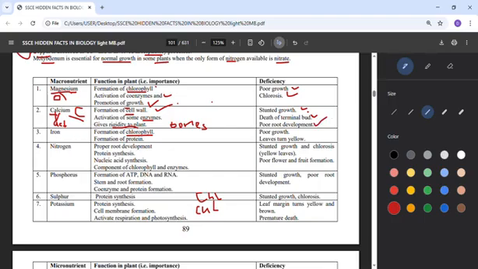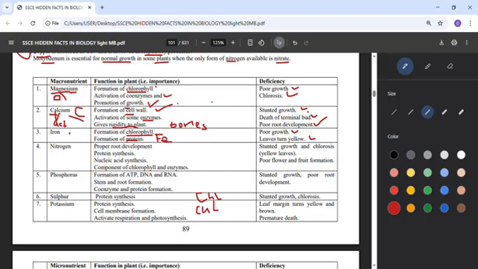Then iron, formation of chlorophyll and formation of protein. Remember that iron is a good protein element, and that's why when you buy blood tonic, you will see iron there. So it is a proteinous element. Now for the deficiency, once iron is missing, that will cause poor growth, and also leaves turn yellow.